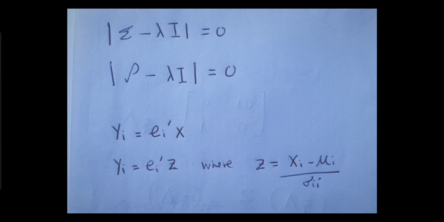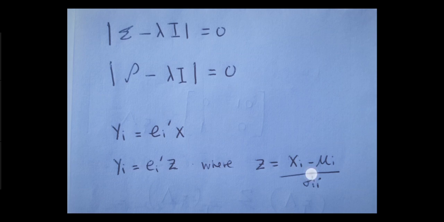Okay, this one is the formula to get the principal components when we have x variables and the matrix big sigma, and we will use this formula to find the principal components obtained from the standardized variables, where we also have the matrix of rho.